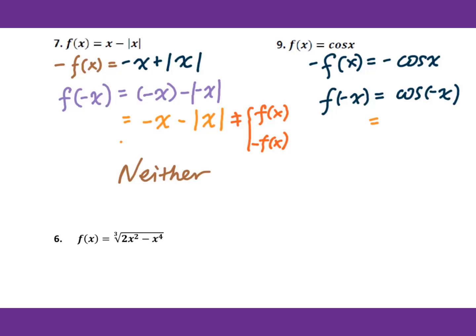According to the even-odd formula for trig functions, we know this is cosine x. Therefore, it equals f of x. So, it is even. It will be reflected across the y-axis.